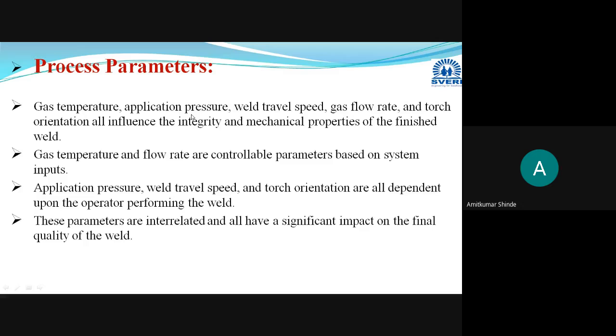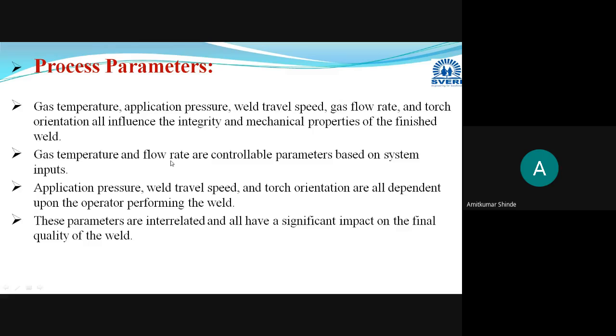Then the application of pressure, and next are weld travel speed, gas flow rate, and torch orientation. All these parameters you have to control properly to get a well finished weld, or quality joint.